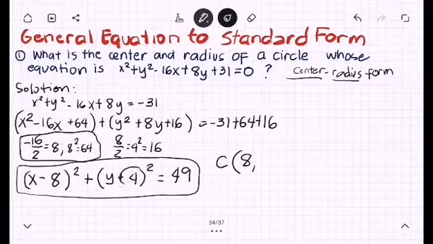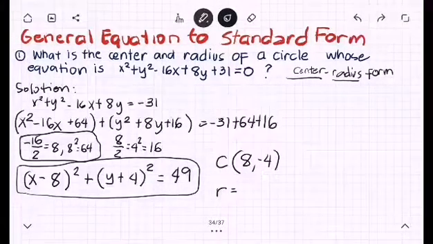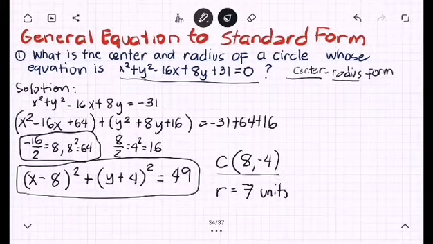Ang k natin, opposite ng positive 4, negative 4. Then, ang radius, so we have 49 here. So, kunin natin yung square root niya. Principal root is 7. Okay, so ibig sabihin, yung ating general equation, so ang kanyang center is (8, negative 4), and ang radius niya is 7 units.